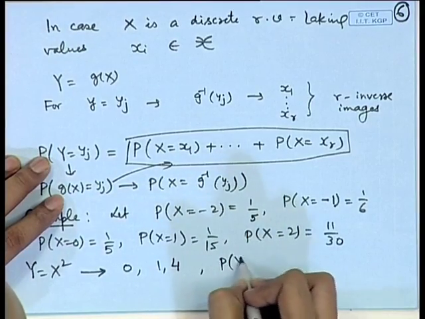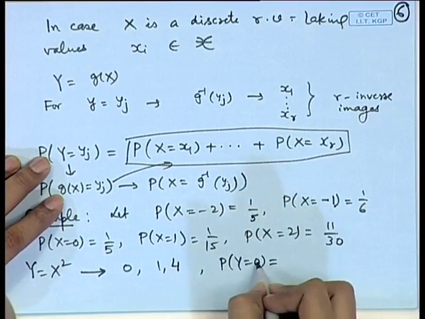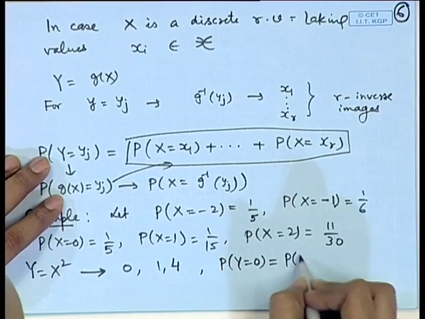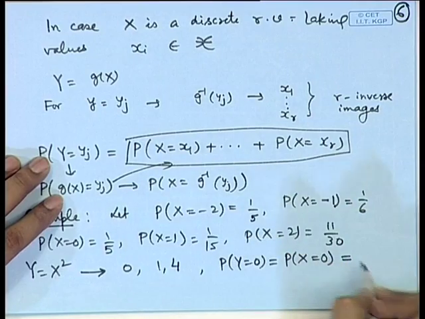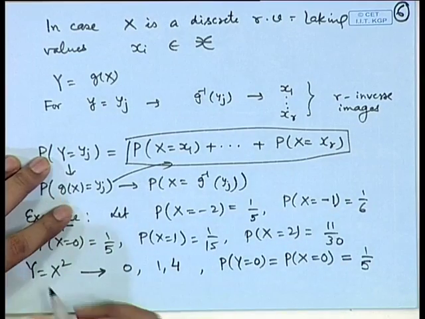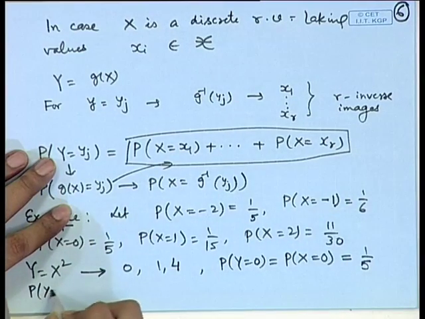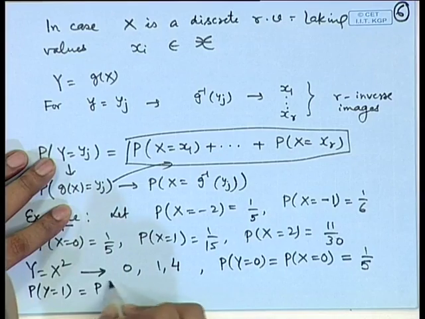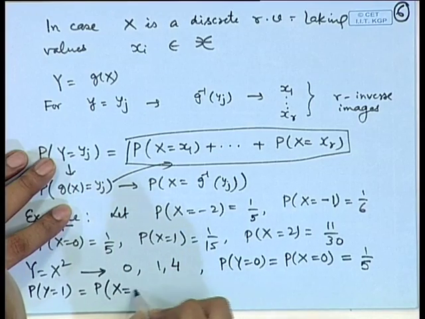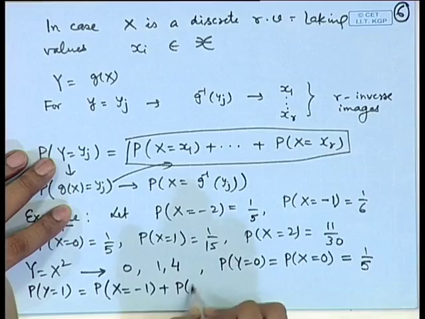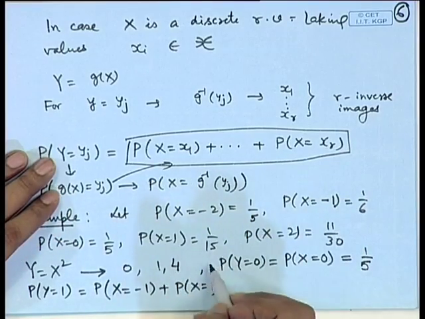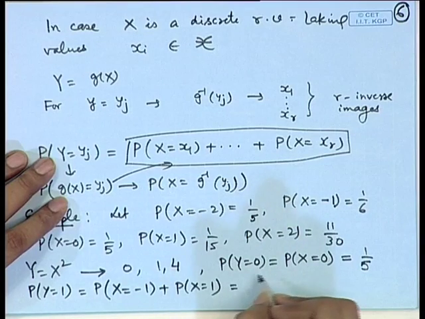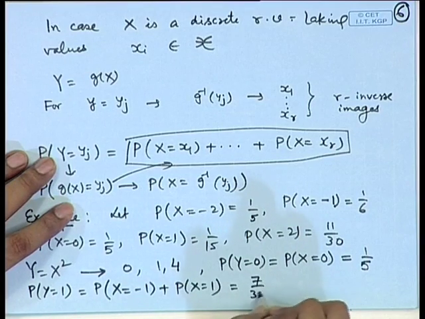Now, probability of y = 0. This has only one inverse image, that is probability x = 0, which will be 1 by 5. If we are looking at probability y = 1, then there are two inverse images, x = minus 1 and x = 1. So, the probabilities 1 by 6 and 1 by 15 will be added up, and we get 7 by 30.